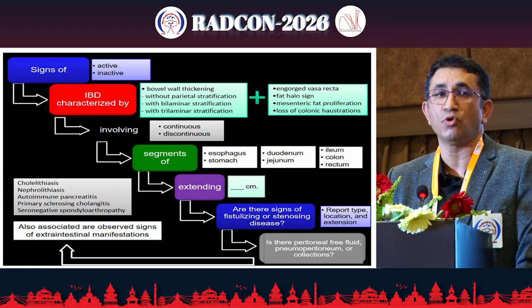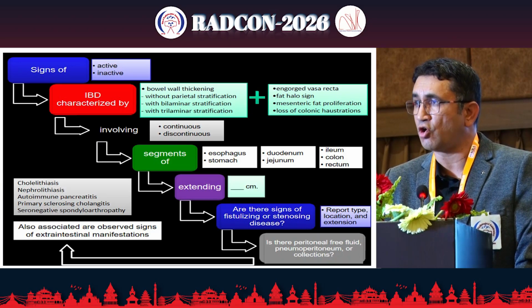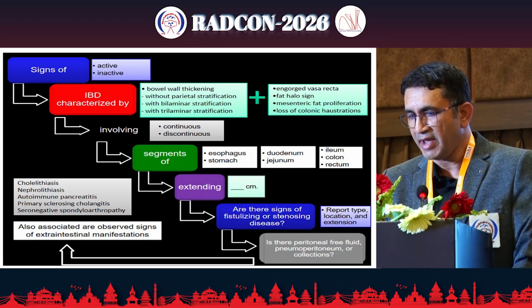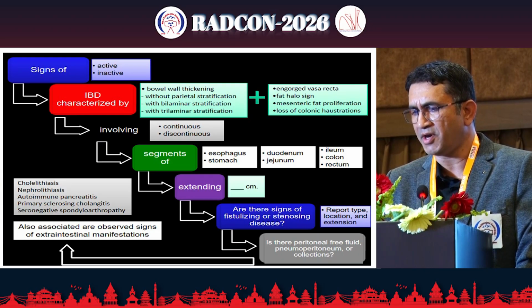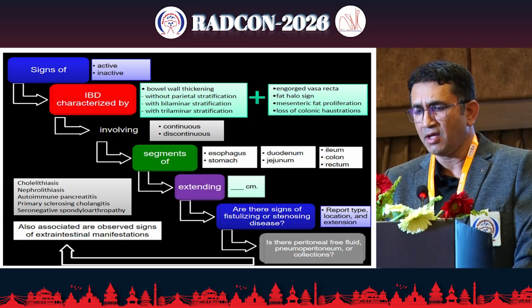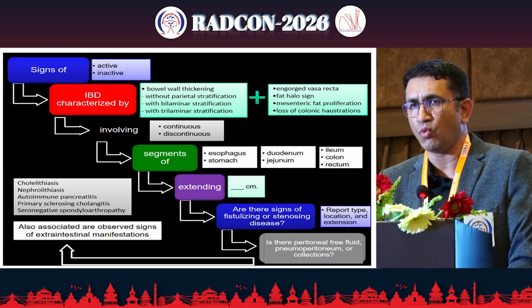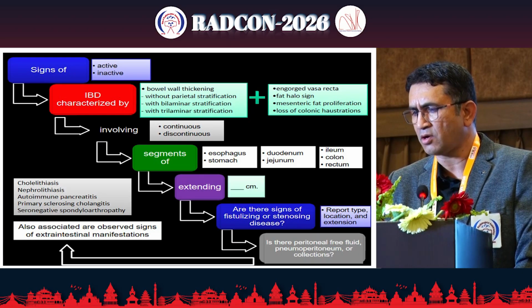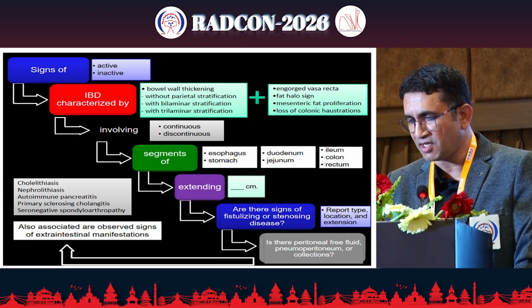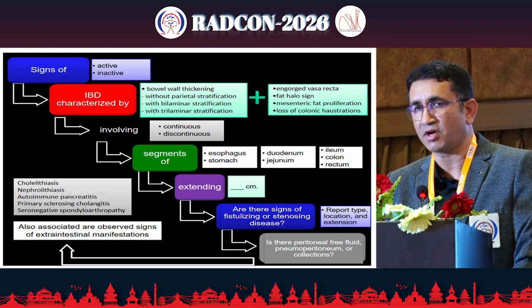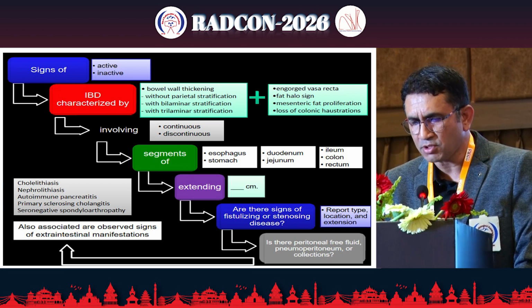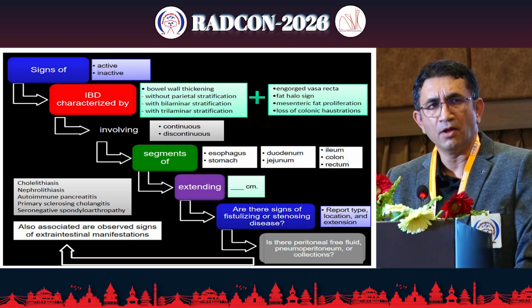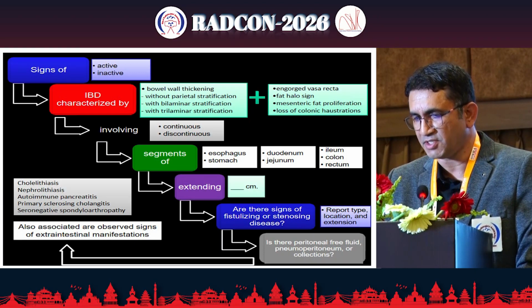For involvement, we have to always mention whether it is continuous or discontinuous, and which segments are involved, whether esophagus, stomach, duodenum, etc. Regarding the extension, we have to mention the length of the lesion, and whether there is any sign of fistula or stenosis. If there is pneumoperitoneum or collection, we have to always mention it in our report. And extraluminal complications also we have to always mention.